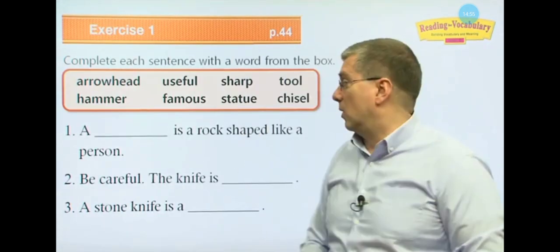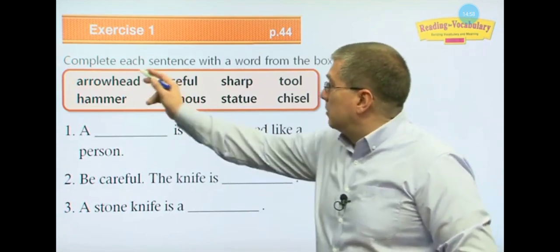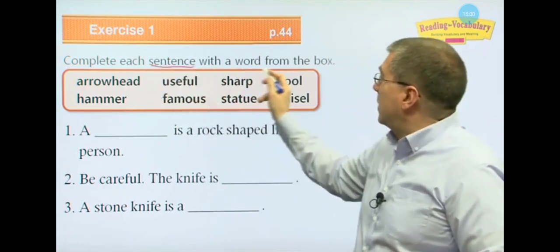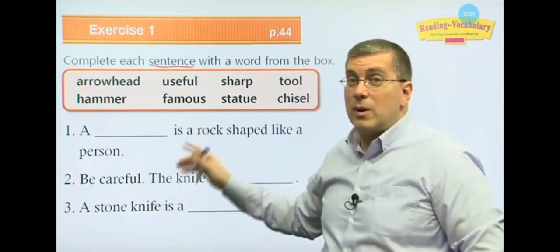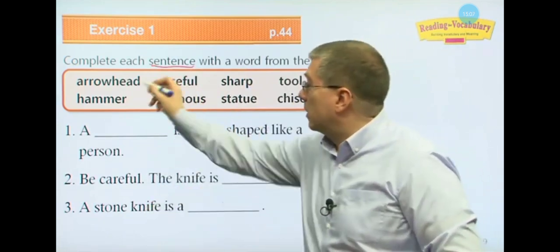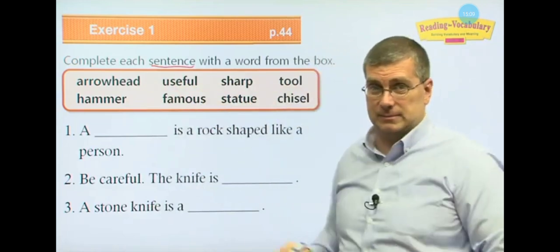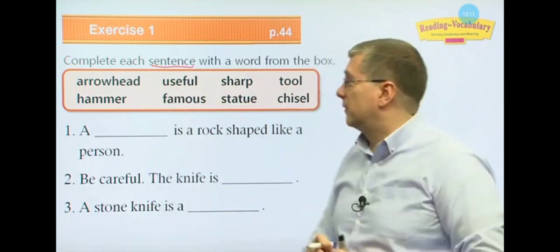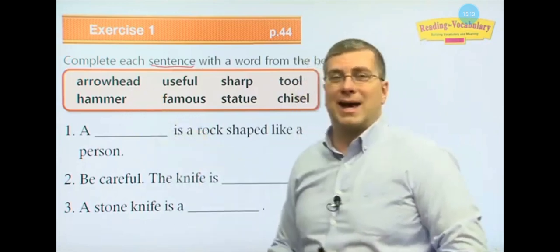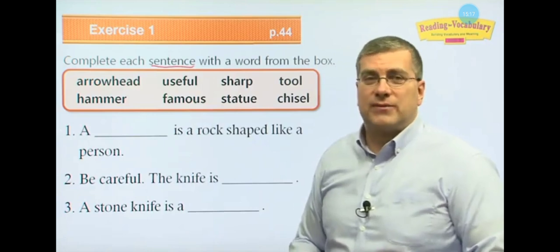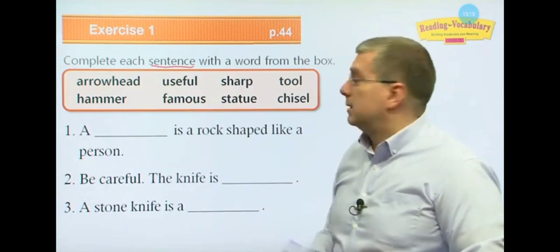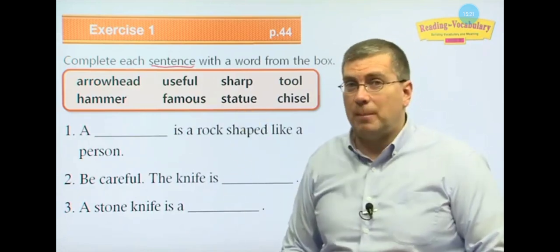Let's take a look at the exercise. Here we want to complete each sentence with a word from the word bank. So we have many sentences, and we have to complete each one with a word from the list. Let's review the words. First we have arrowhead. Next one, useful. Next is sharp.